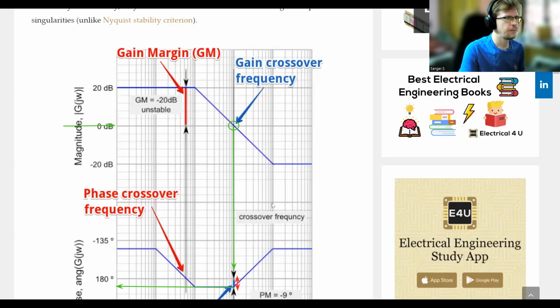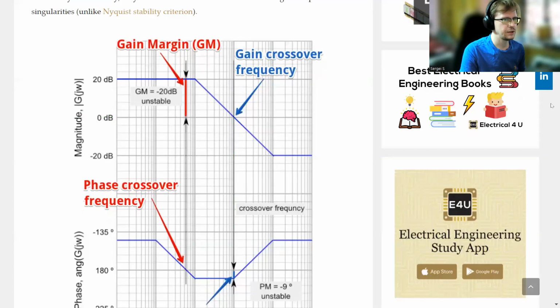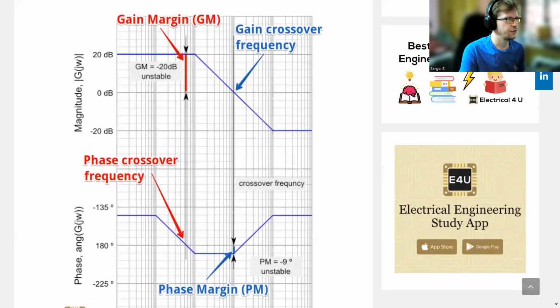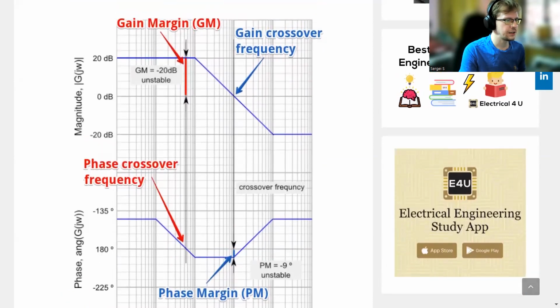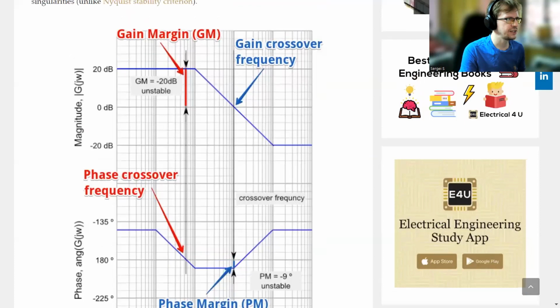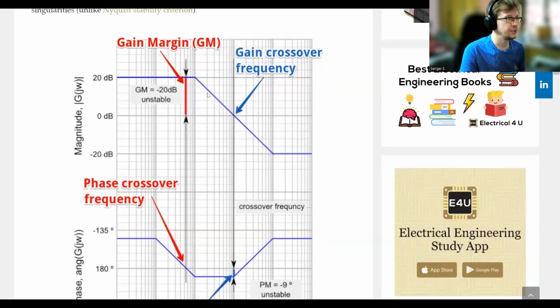All right. Now, let us do the same exercise, but now we would look at our phases. Sorry, what am I talking about?